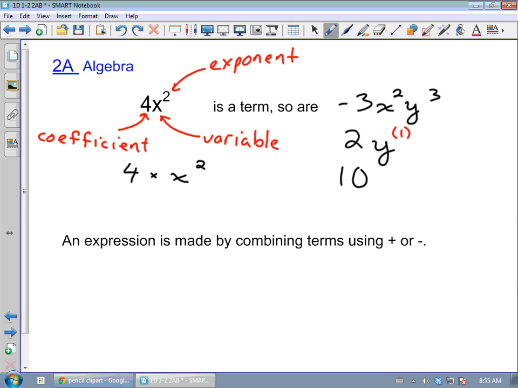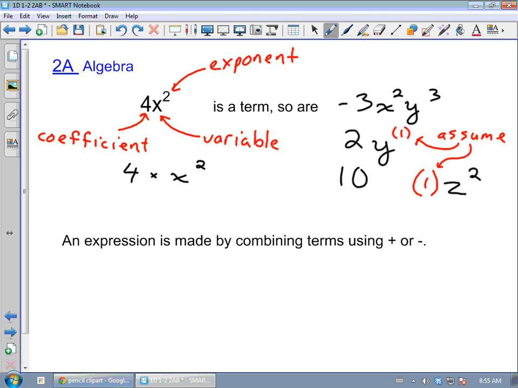Also, if we have a term like, let's say z squared, we don't see a numerical coefficient out in front of it, but we kind of assume that if we don't see a coefficient, that there's a coefficient of 1 out in front. So these sort of things are just kind of assumed. Okay. So that's a term.